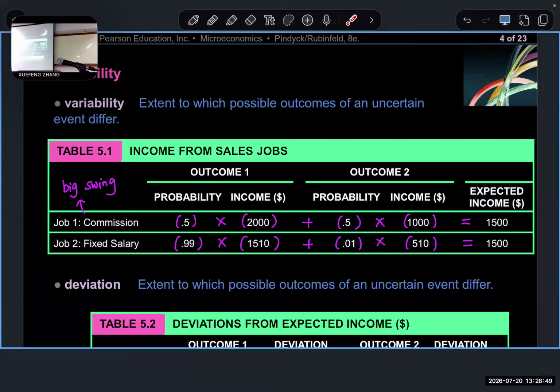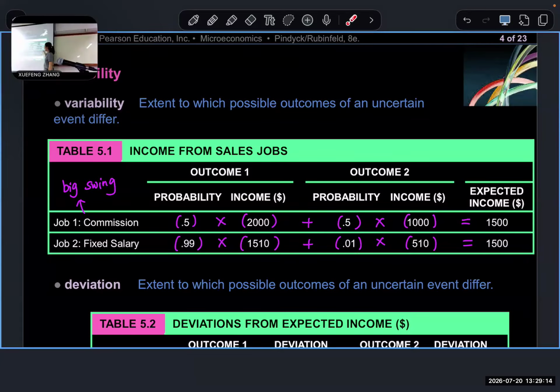Okay, so here be careful. Even though they have the same expected income, it doesn't feel the same, right? So that means if we only judge two choices by the expected value, there's not so much information because right now they are the same.